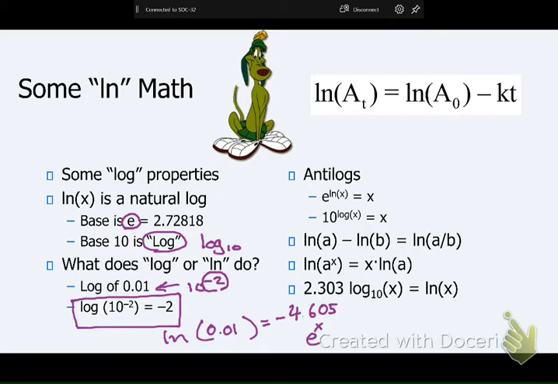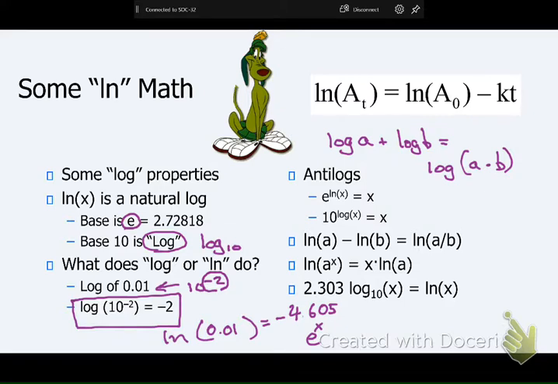And the reason they would use logs is one of the properties of a log was something like this. If I take the log of A, plus the log of B, that's the log of A times B. So when people wanted to get the product of two numbers, they actually had log tables and looked up the logs, and then they would add those numbers together because they could add, and then they would anti-log.